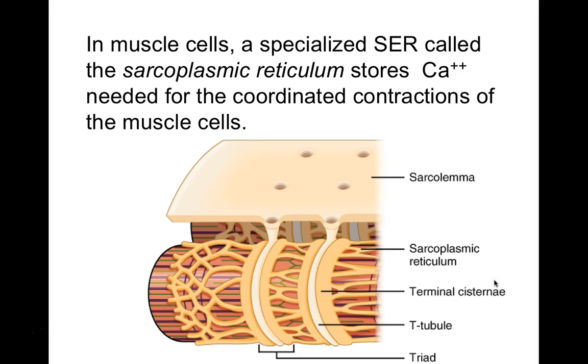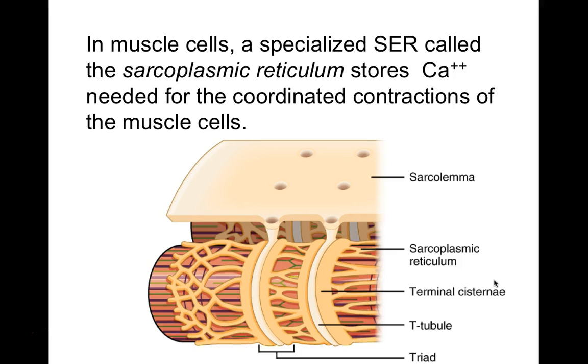Those types of cells that need specialized SER are muscle cells. And the name given to the SER in muscle cells for the storage of calcium is sarcoplasmic reticulum. We need calcium for the coordination and contraction of muscles.